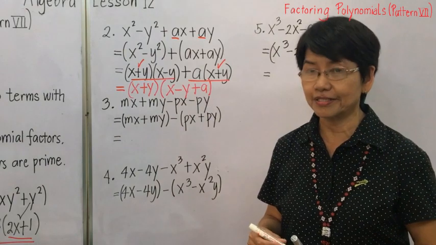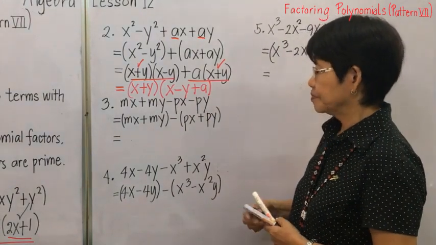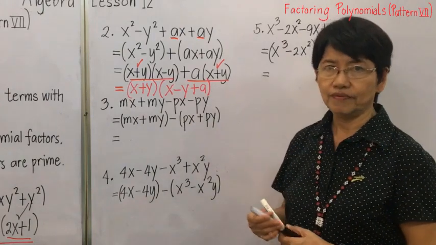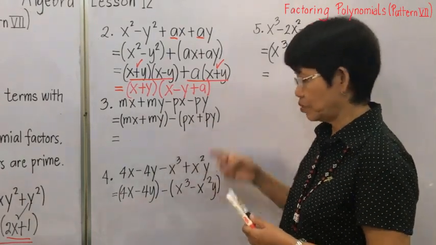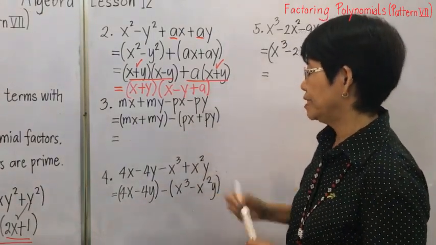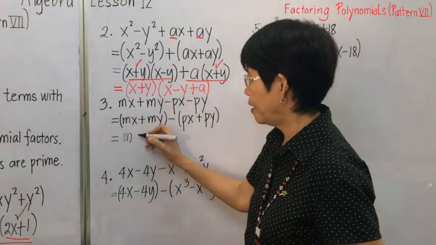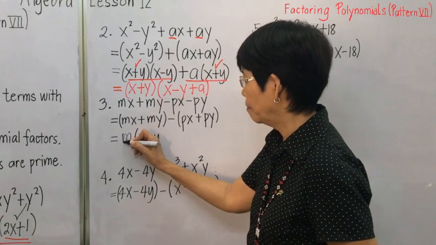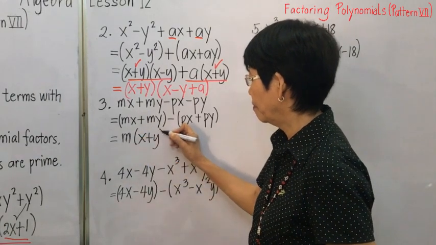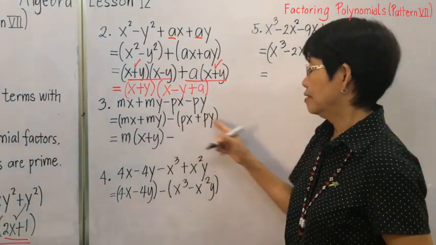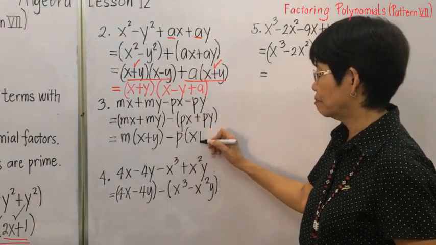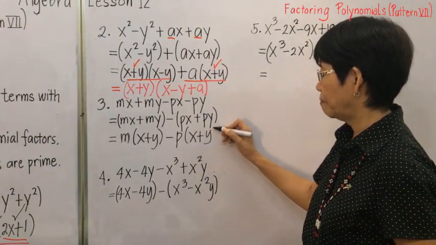It becomes positive. And factor out a common factor from these two groups. So this time we have m times x plus y minus, the common factor is p, then you have x plus y.